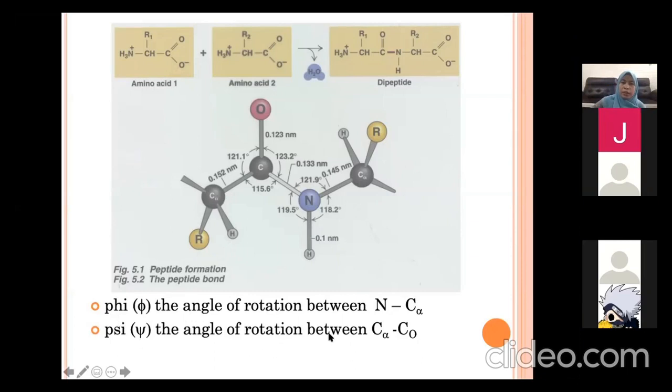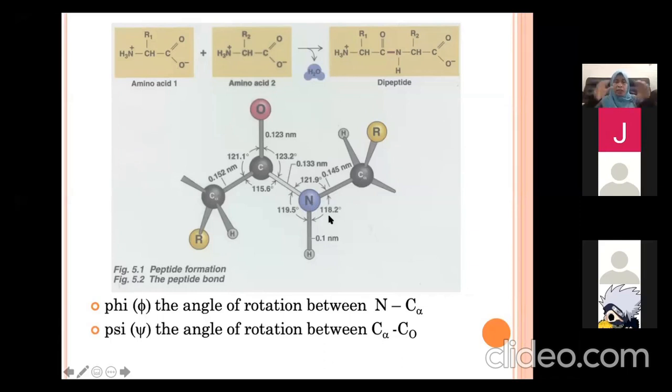If we have the torsion between the chiral carbon and the carbon from the carboxyl group, this is called psi. Maybe we got confused here. Chiral carbon and the carbon from the carboxyl group, we call it psi. Maybe you can just remember it as same. Okay, so for the chiral carbon with the nitrogen from the amino group, it is phi. If it is psi, the other one will be phi.